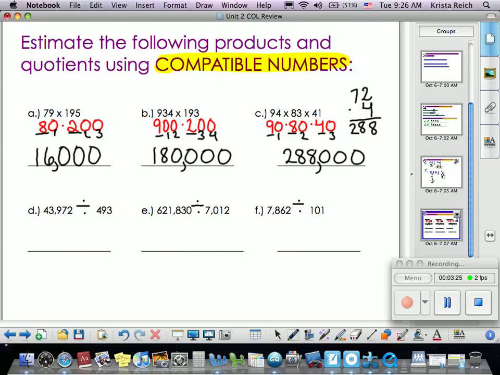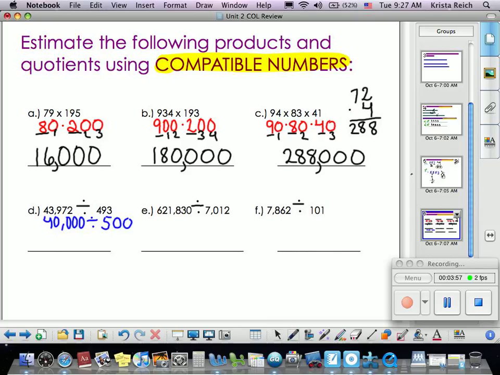I'm going to round 43,972 first to 40,000. And I'm going to round the 493. I have to think, what is a number that is close to 493 that will go evenly into 40 or even 400? Well, what about 500? And look at what happens here.